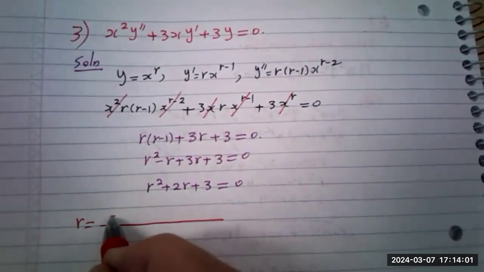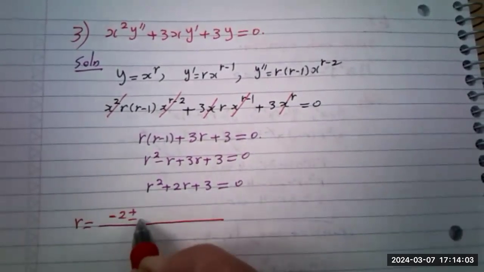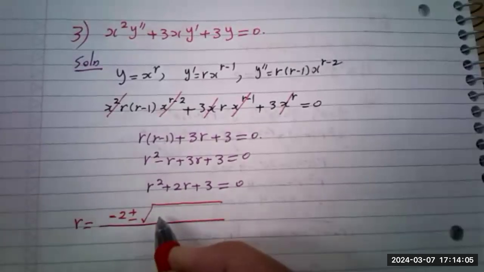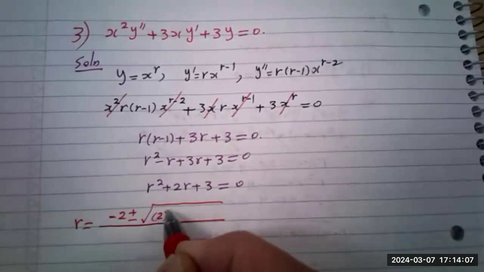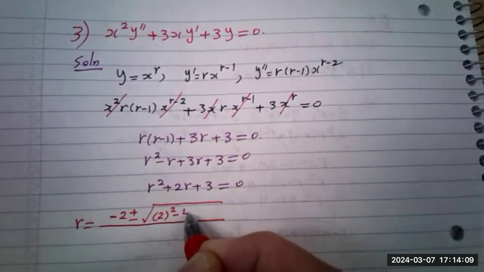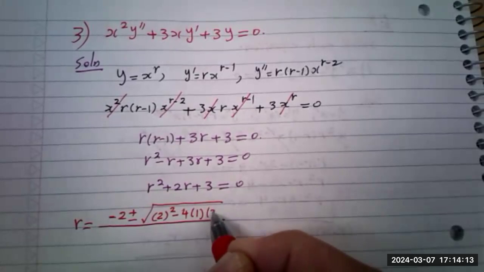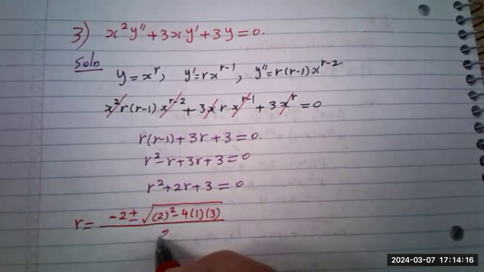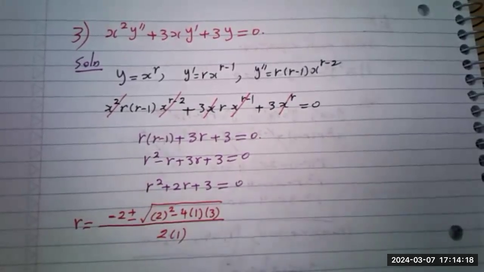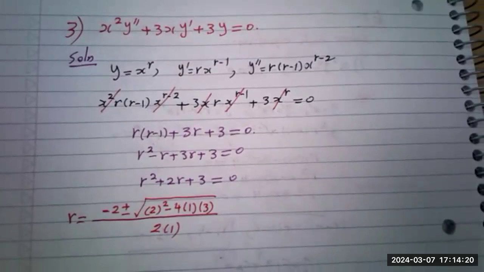negative b would be negative 2, plus or minus the square root of b squared, which is 2 squared, minus 4ac. The coefficient a of r squared is 1, c is 3, divided by 2a, 2 times 1. Okay, that's the quadratic formula.